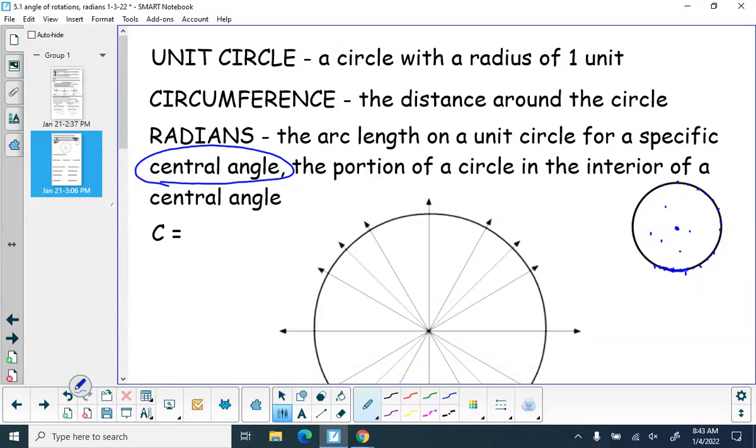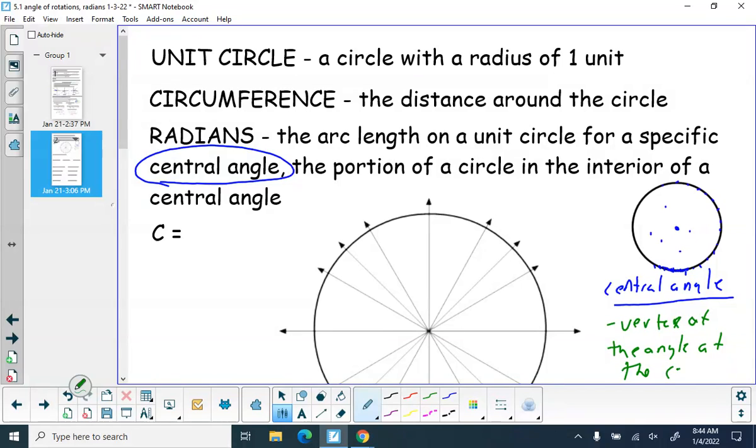So when you talk about a central angle, you have a vertex, the vertex of the angle is at the center of the circle.